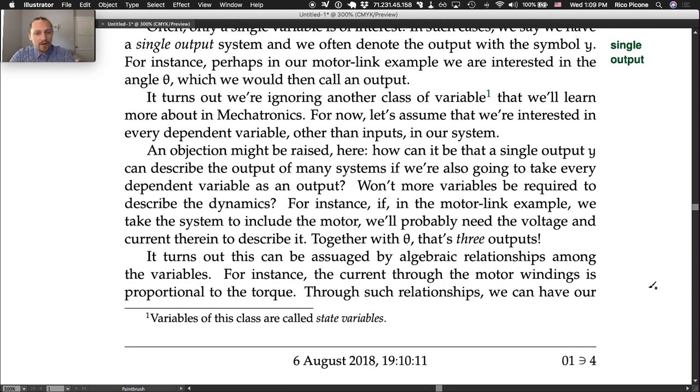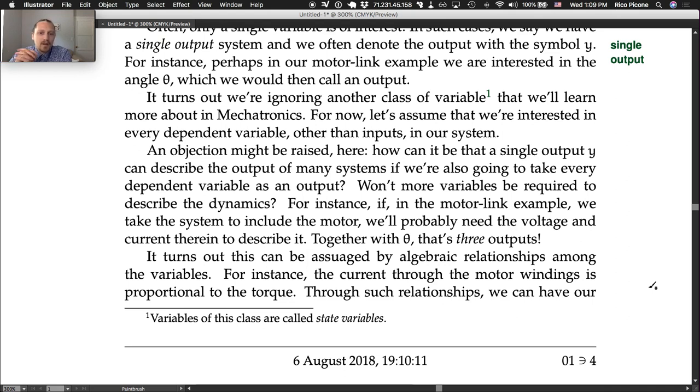It turns out we can sort of sidestep or assuage this by algebraic relationships among the variables. For instance, the current through the motor windings, in our example, is proportional to the torque. So that direct relationship allows us to rewrite the current in terms of the torque.